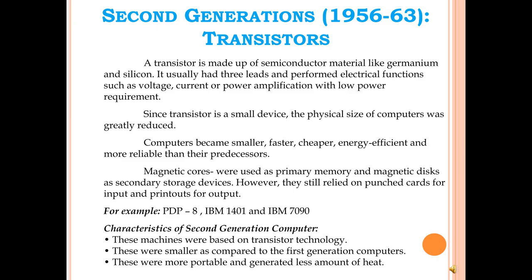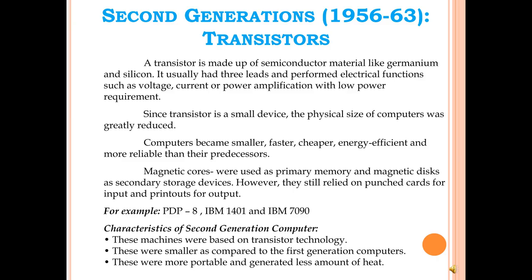Predecessors means the previous ones. As we are talking about the second generation, the predecessor is the first generation of computers. Magnetic cores were used as primary memory and magnetic disks as secondary storage devices.